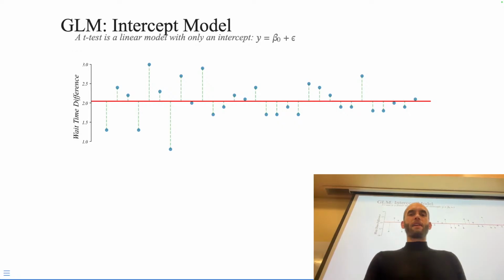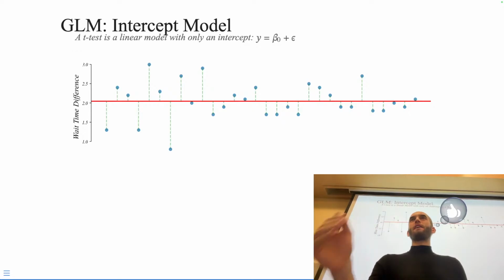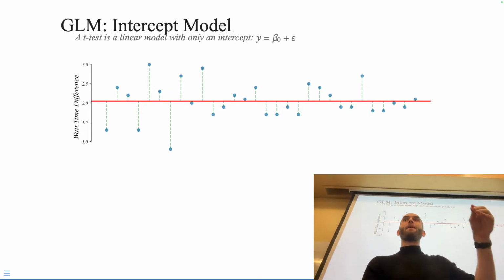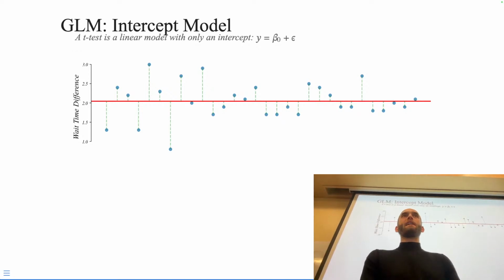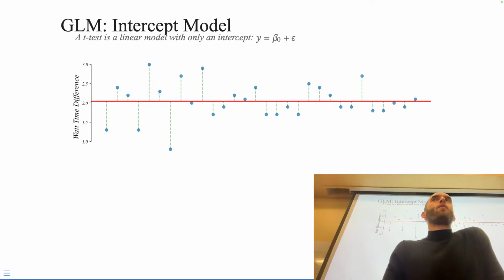This is the basic idea. All we do is we run a line through our data. We know the distribution of the parameters, and the reason we know that is from the central limit theorem. So then we can make statistical claims about the probability of seeing any given parameter. That's what we're doing with a general linear model.